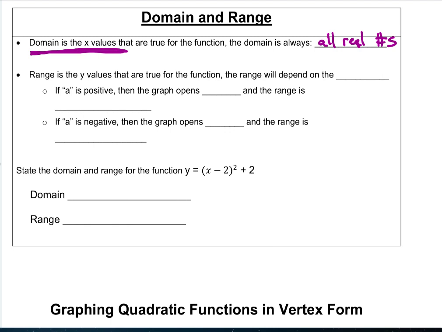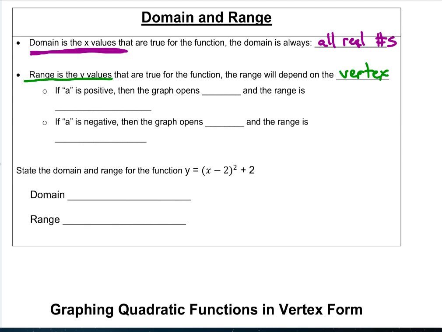The range, however, is not going to be the case. The range is our y values. So the range is going to depend on the vertex. Remember, going vertically is going to keep going in either the upward or downward direction, but it is going to get capped off at that vertex point.